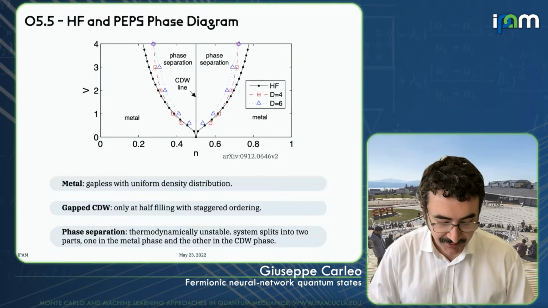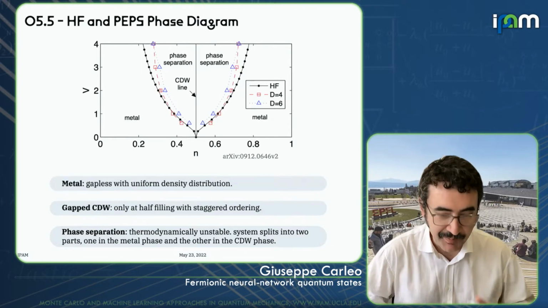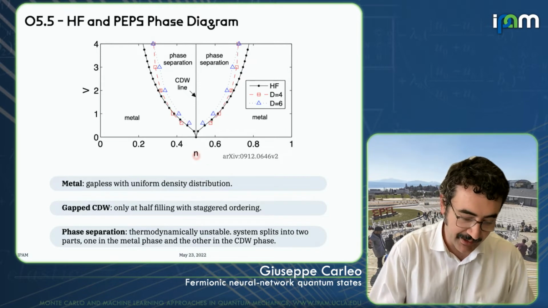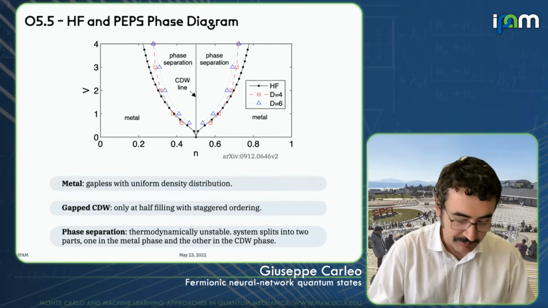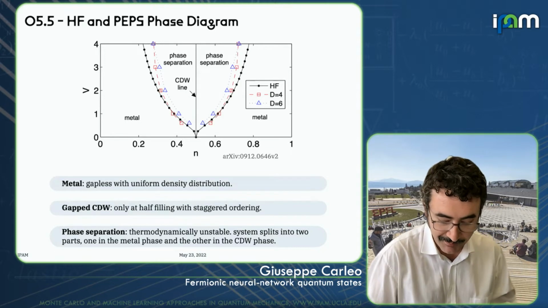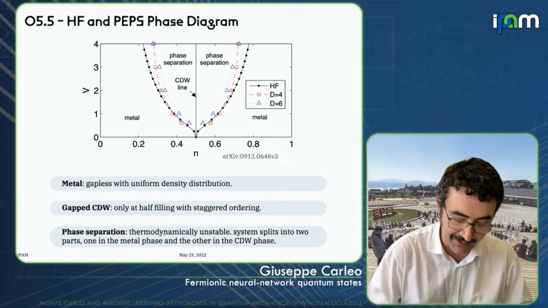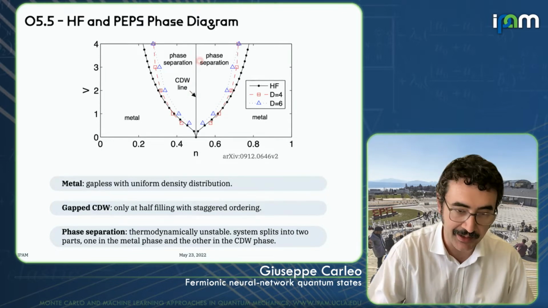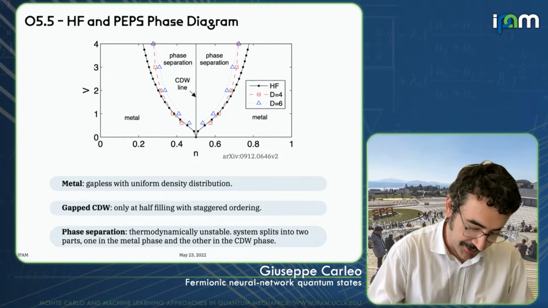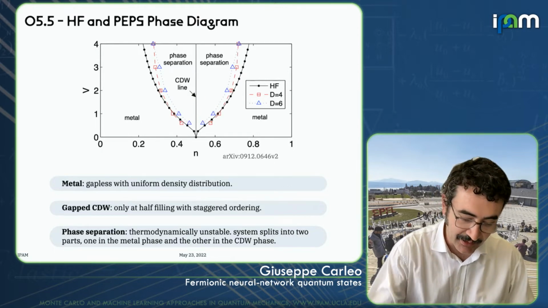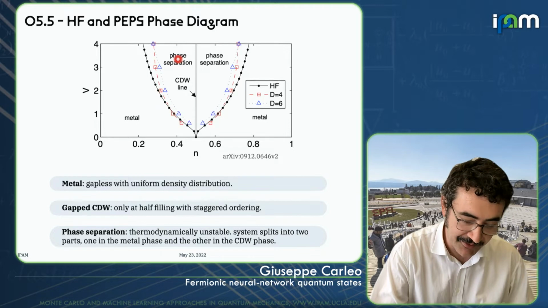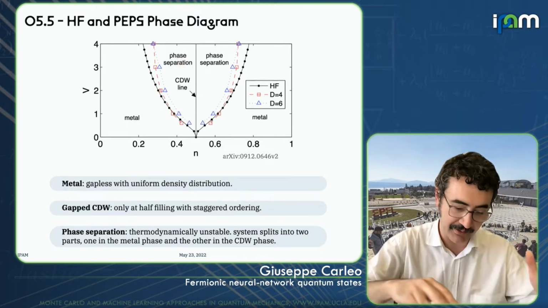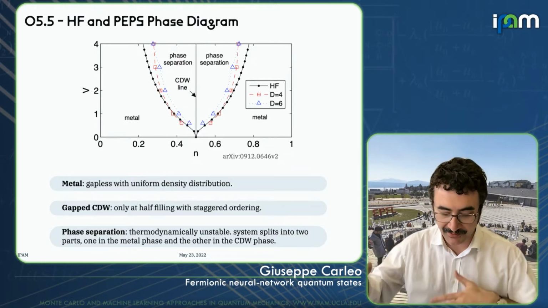This model is not spectacular physics, but is still pretty interesting because if you change the doping and you change V, it was expected, both from mean-field and some early PEPS calculations, that you would find both a metallic phase and a charge density wave at one-eighth filling, or quarter-filling actually in this case, and also a phase separation in between, a sort of coexistence of phases where you have this phase-separated metal with charge density wave.